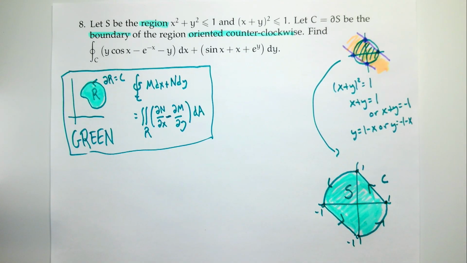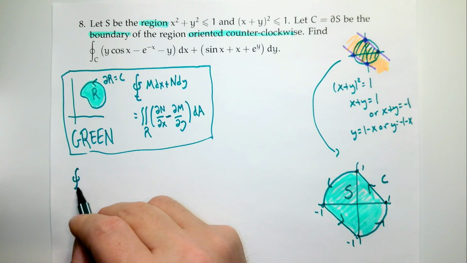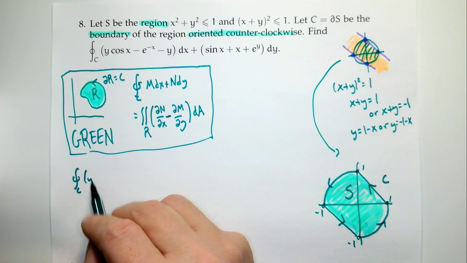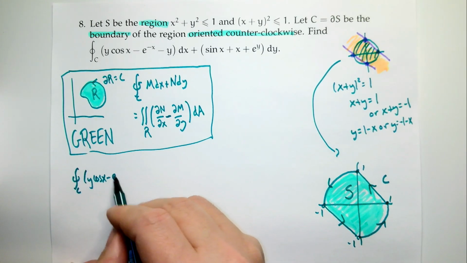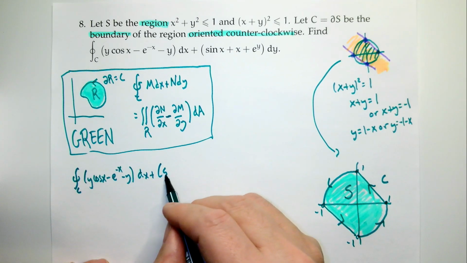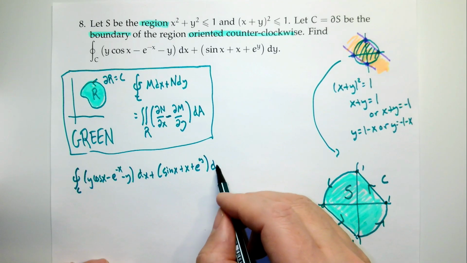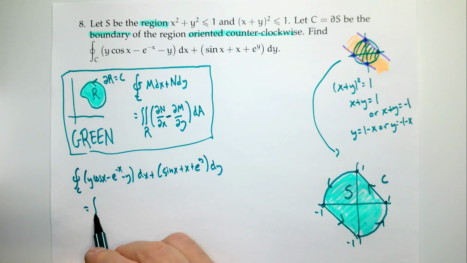All right. So according to Green's theorem, the integral along our curve of our expression here, y cosine of x minus e to the minus x minus y dx plus sine of x plus e to the y dy is equal to the integral over our region.